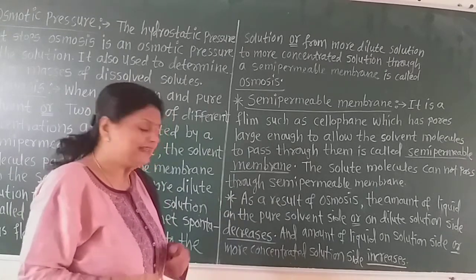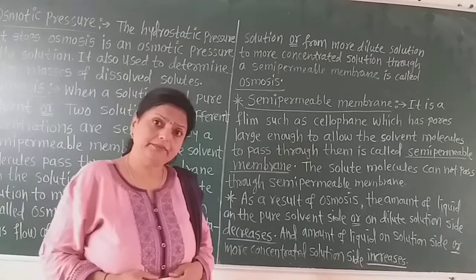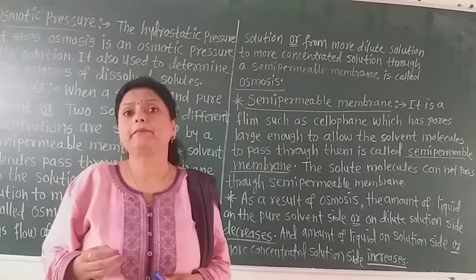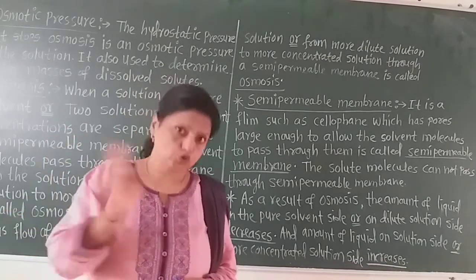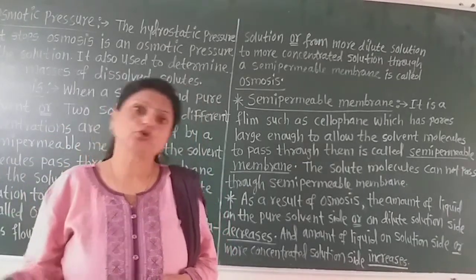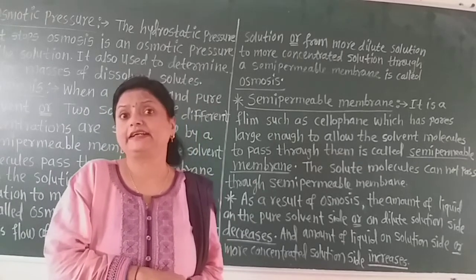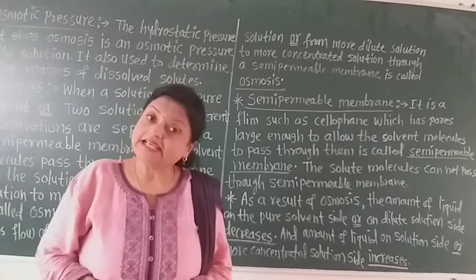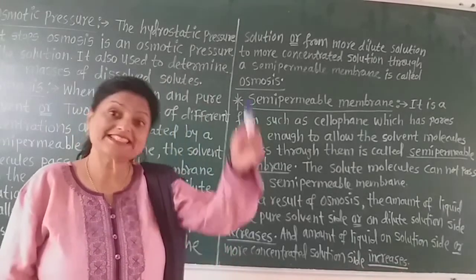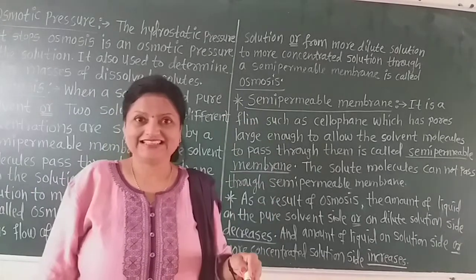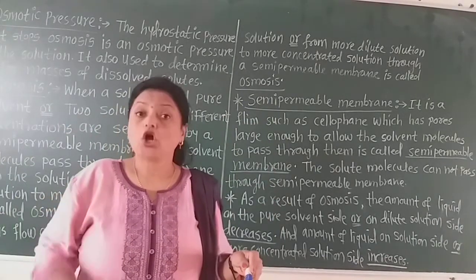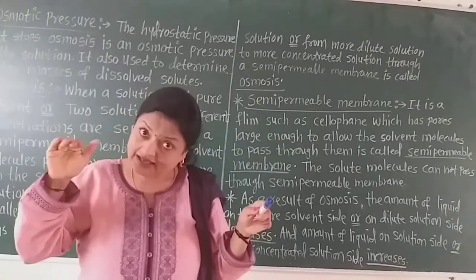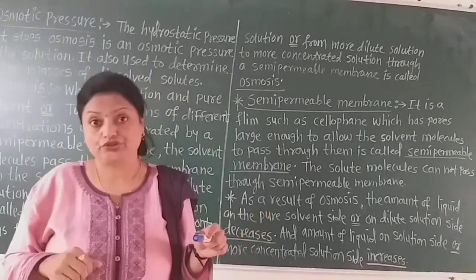Now, as a result of osmosis, what happens? As only the solvent molecules flow through the semi-permeable membrane from pure solvent to solution, or from dilute solution to more concentrated solution, the liquid level on the solution side increases compared to the solvent side, or the liquid level of the more concentrated solution increases compared to the dilute solution.